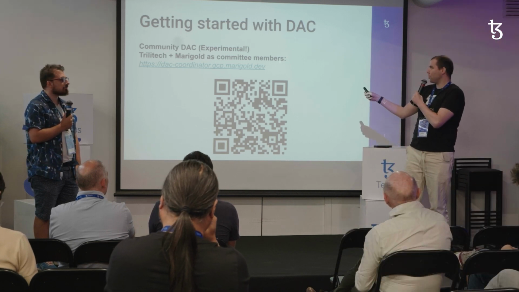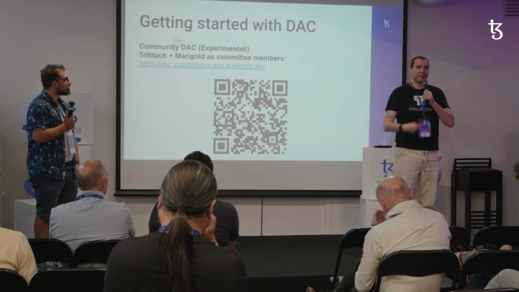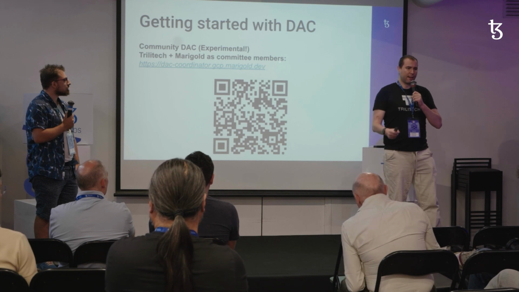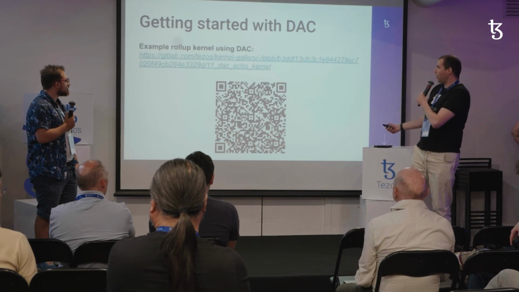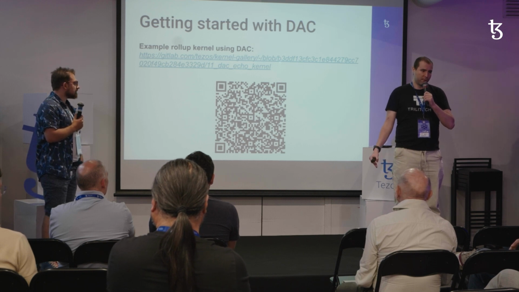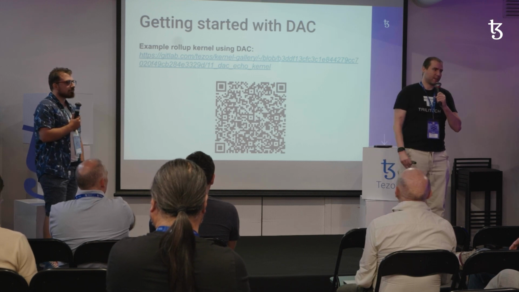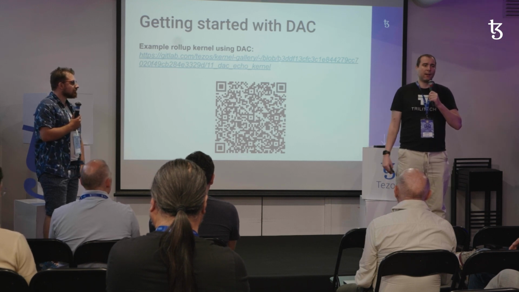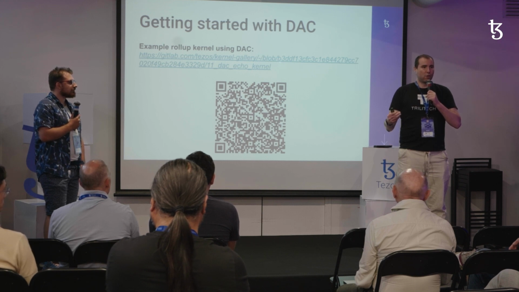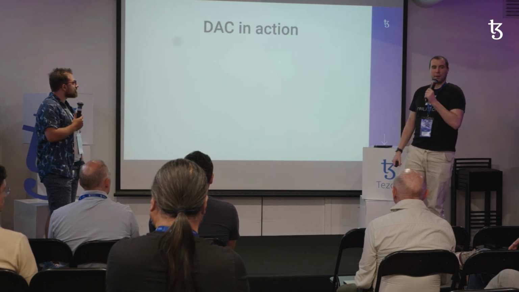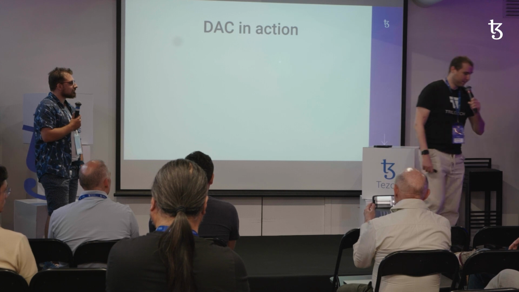This link, if you try to use it on Chrome, it won't work because it's just the endpoint to send payloads to the community DAC. And also, there is an example that will be merged in the kernel gallery soon. It's currently in review. We need to make some changes, but it works for actually seeing how you can code smart rollups that use the community DAC. And actually, we are going to see how it works in action.